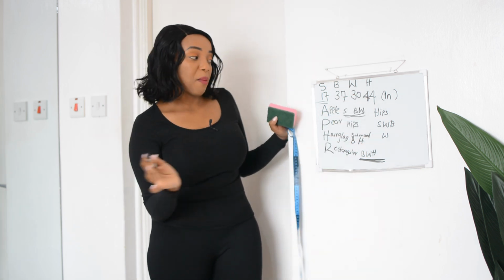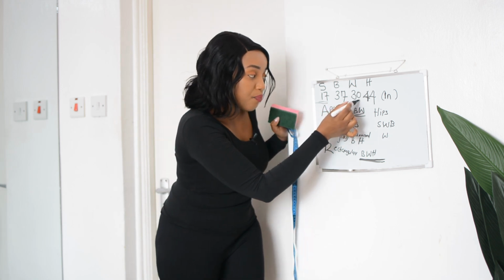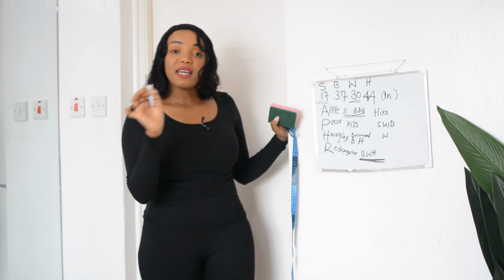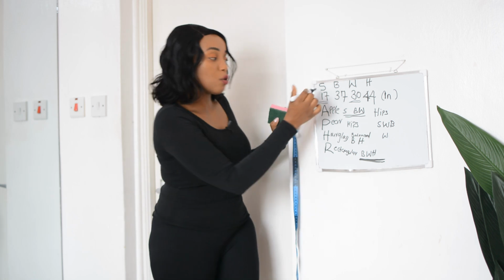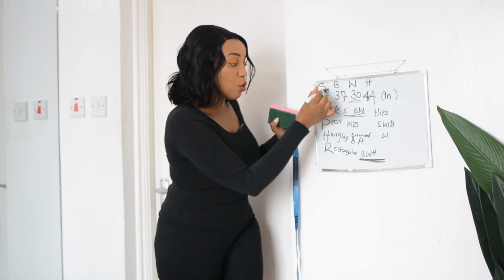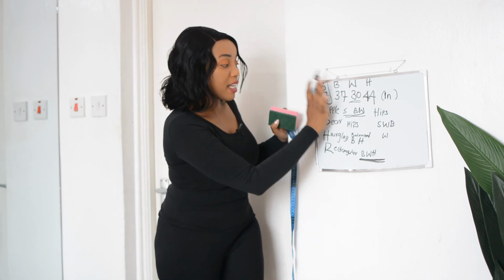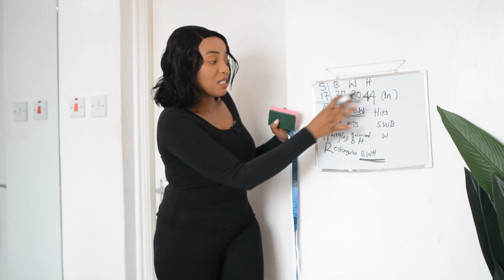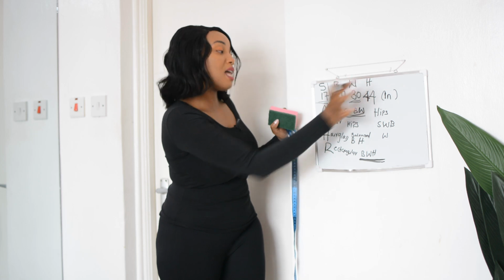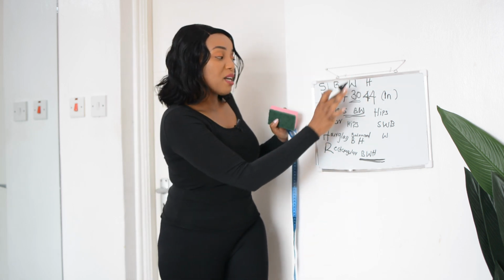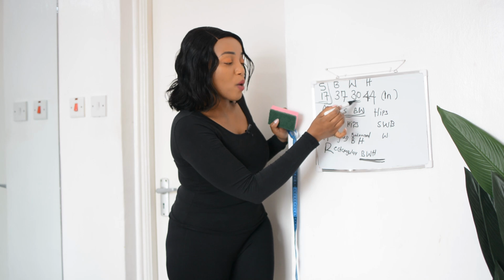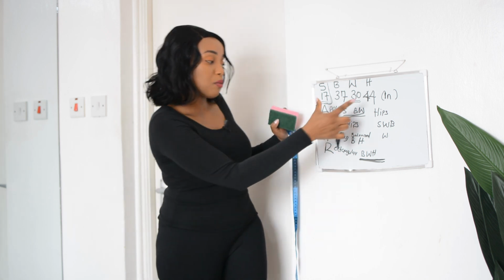Clearly from these measurements, we can see that my waist has the least. Let's not focus on the shoulders first. Let's first ignore the shoulders. Let's work with the bust, the waist, and the hips. Now, from my measurements here, we can see that my waist is the tiniest.